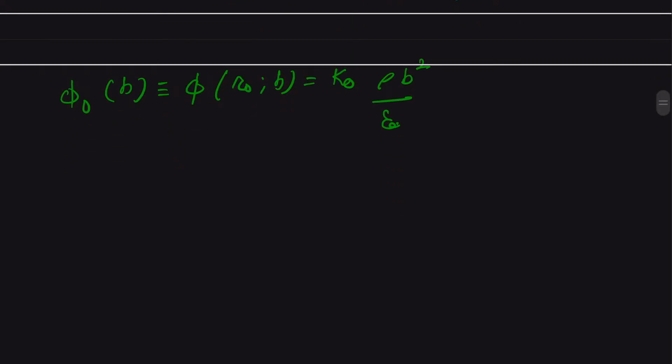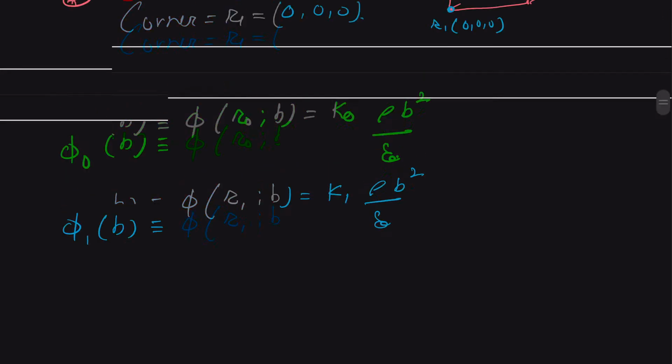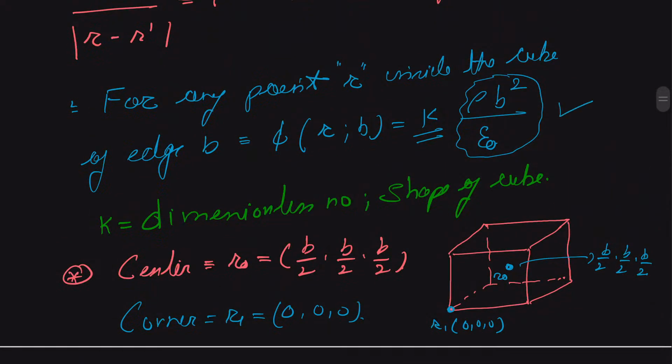Similarly, phi 1 for b, which is the potential at r1 for the edge b, is k1 rho b square upon epsilon naught. This we can easily deduce from this particular expression.